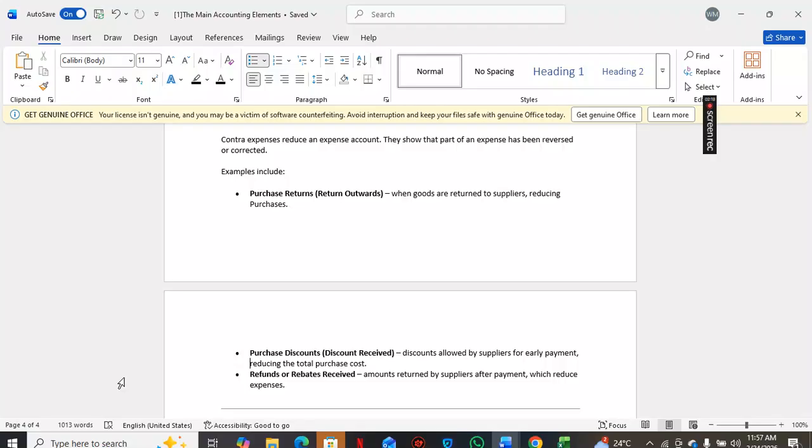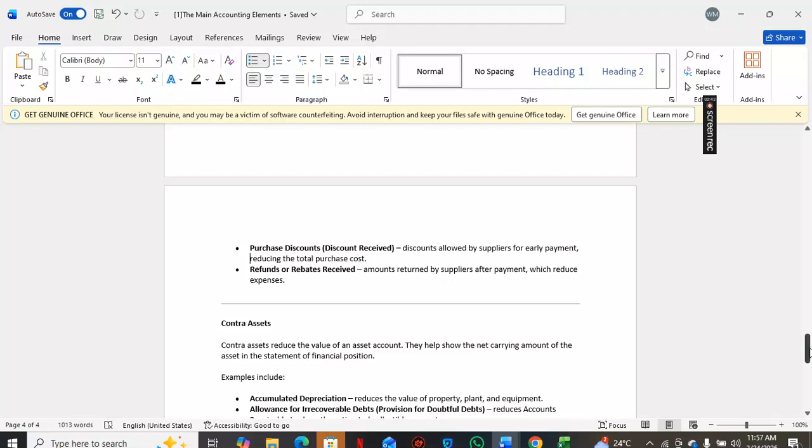Then we have refunds or rebates. Amounts retained by suppliers after payments which reduce expenses. What does that mean?